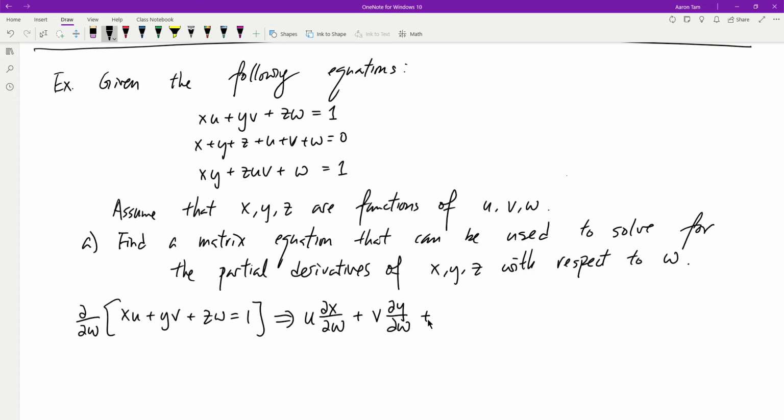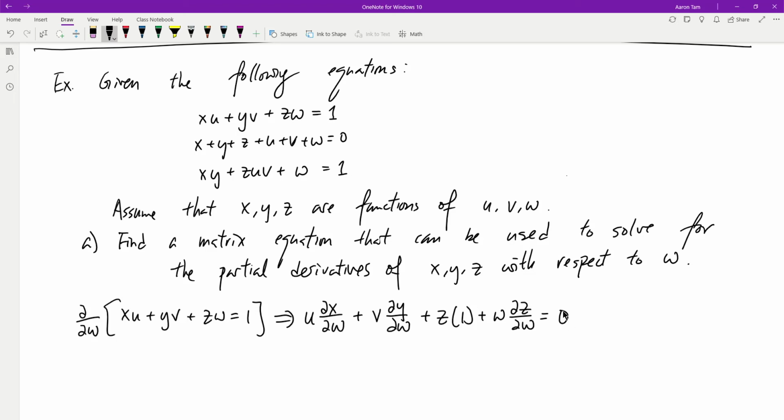So it becomes a product between two things that involve w, and therefore the product rule now needs to be applied. So it becomes z times the derivative of w, which is 1, plus w times the derivative of z with respect to w, which is dz over dw. And that's equal to 0 because the derivative of 1 is 0.